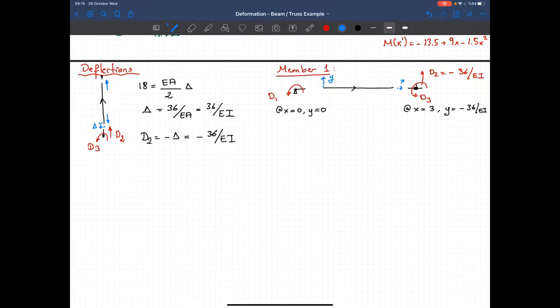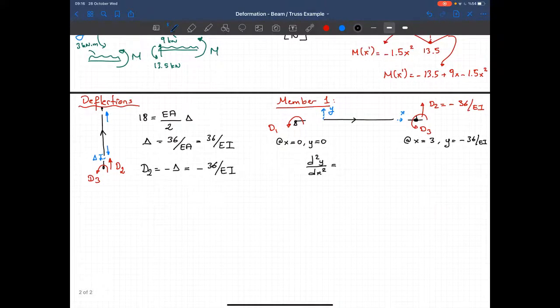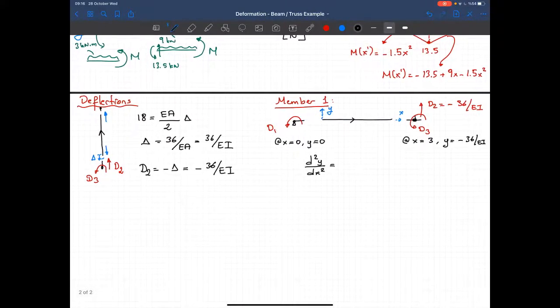Now we can write the differential equation for bending deformations. d squared y divided by dx squared is equal to the equation of moment, which is equal to minus 1.5 times x squared divided by EI.